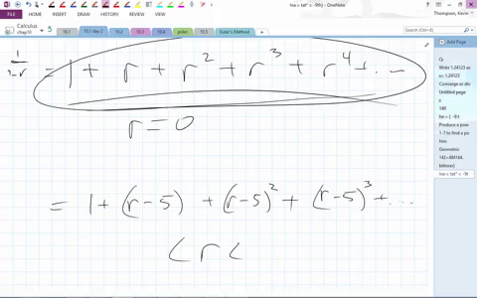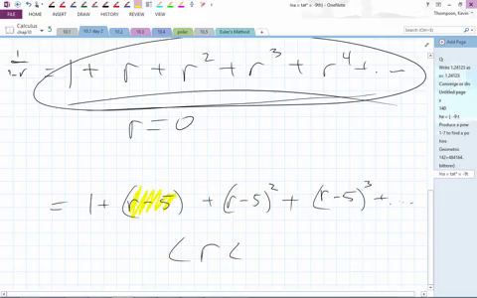There are lots of different answers: -4, -5, -9, -6. So this whole thing has to be between what two numbers still? -1 and 1.